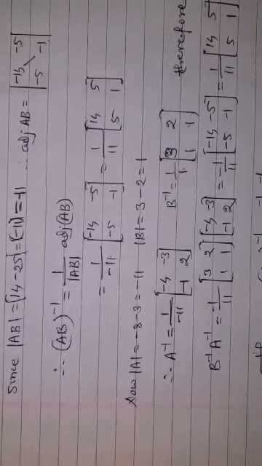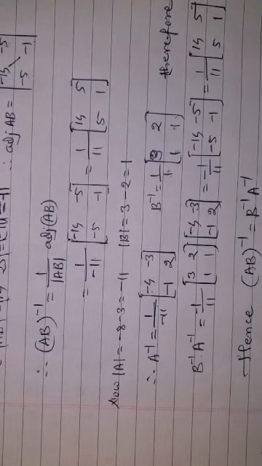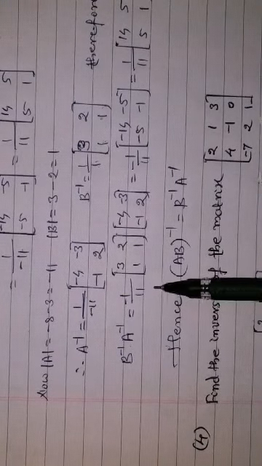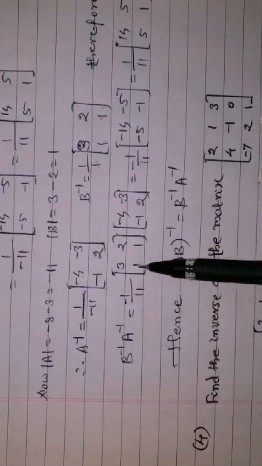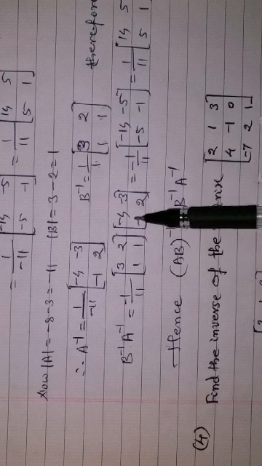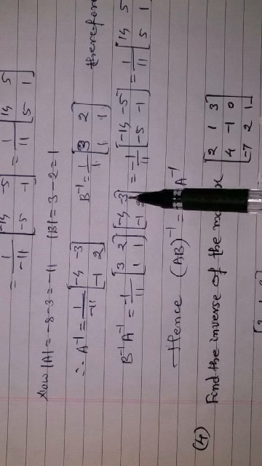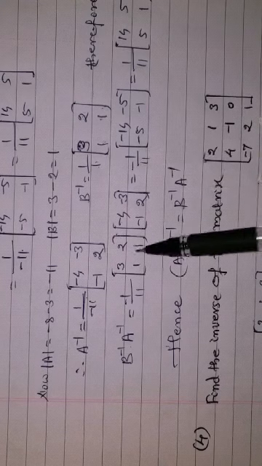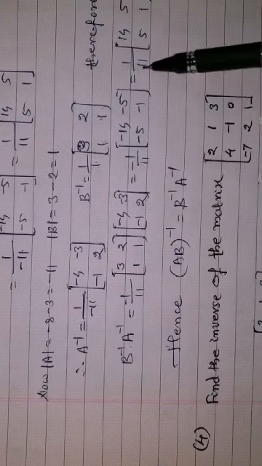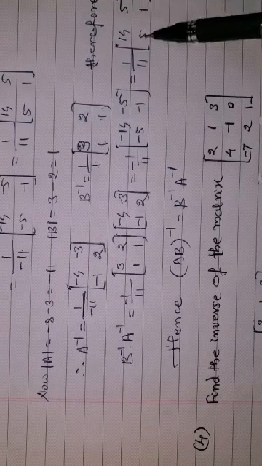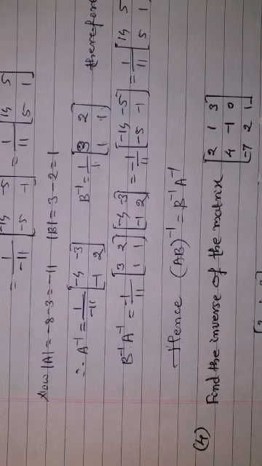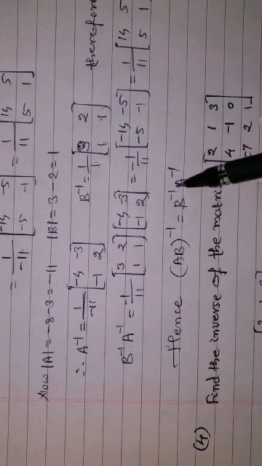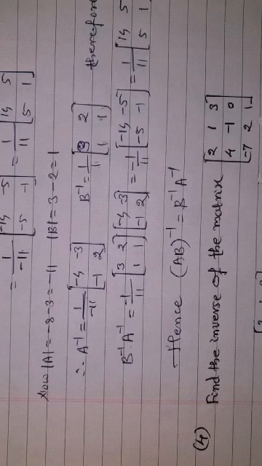So B inverse into A inverse is equal to minus 1 by 11 into 3, 2, 1, 1 times minus 4, minus 3, minus 1, 2, which gives minus 1 by 11 into, multiplying these two, 14, 5, 1. Hence, (AB) inverse is equal to B inverse into A inverse, hence proved.